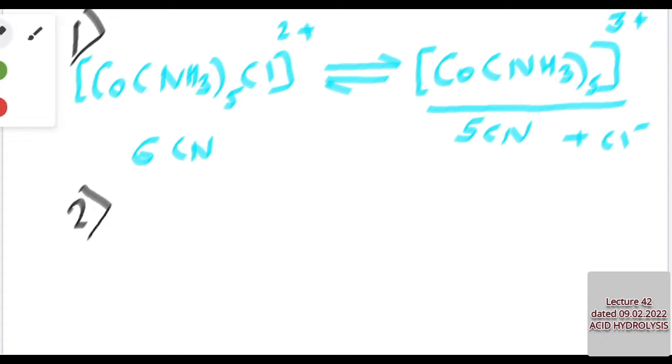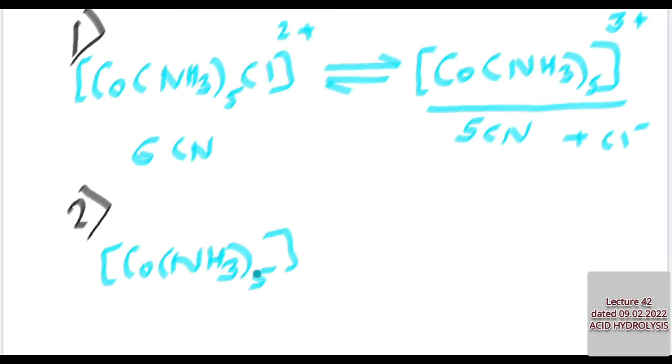In the second step, the resultant complex from the first step, that is the 5 coordinated intermediate, is unstable. Intermediates activate our reaction or help us to complete the reaction. The 5 coordinated intermediate is a short-lived chemical species.